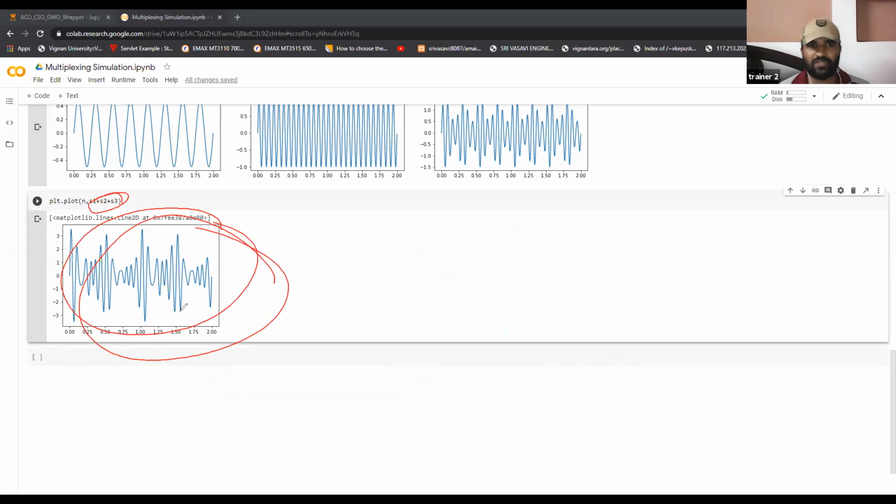Can you see anything from there? M1, M2, M3. Here it is difficult to identify M1 or M2 or M3. It can be easily identified only by using filters. By using filters, you can separate whatever frequency you want.